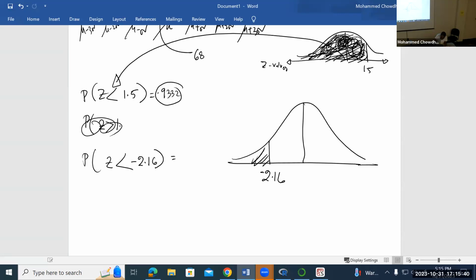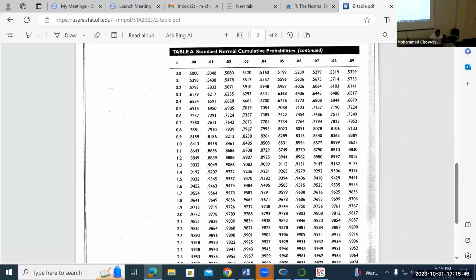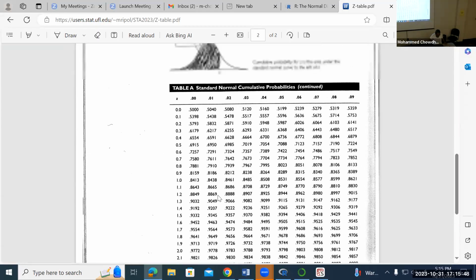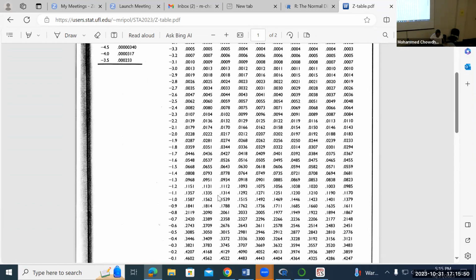As it is less than, it is like this, negative 2.16. Come in here, negative 2.16. Are you seeing negative 2.1, and 6? This is the answer. 0.0154. Are you understanding?